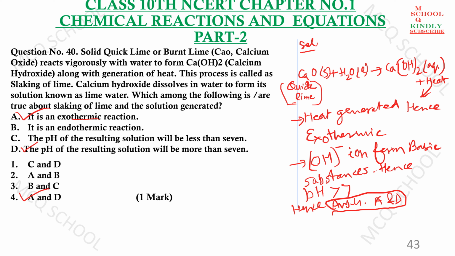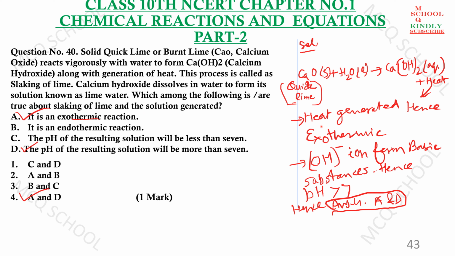So in this case, as we know that calcium oxide, that is quicklime, when reacts with the water, it forms calcium hydroxide in aqueous form and heat is also generated. So that means it is an exothermic reaction at first, not endothermic, it's exothermic.